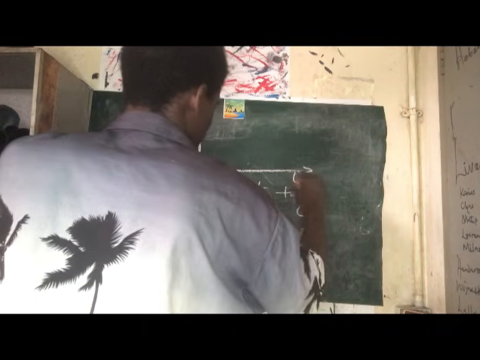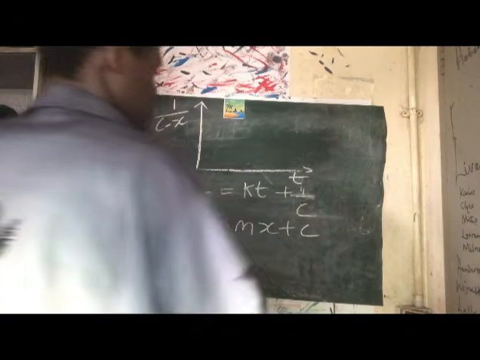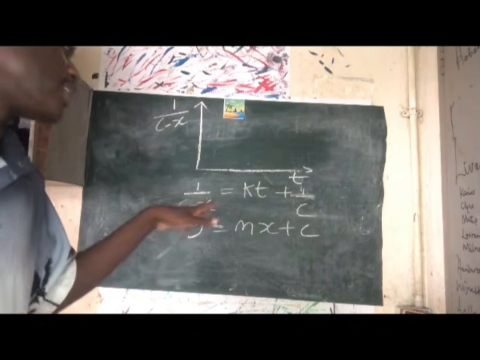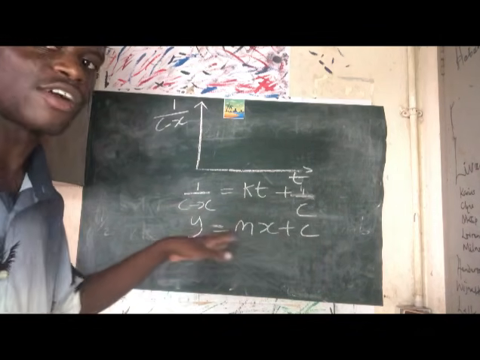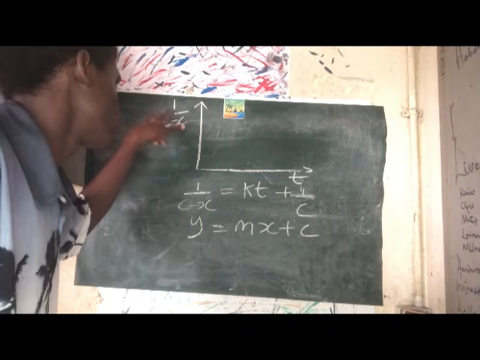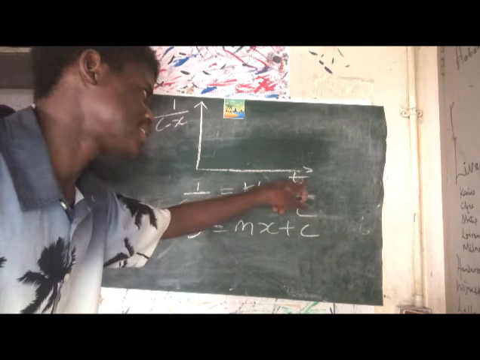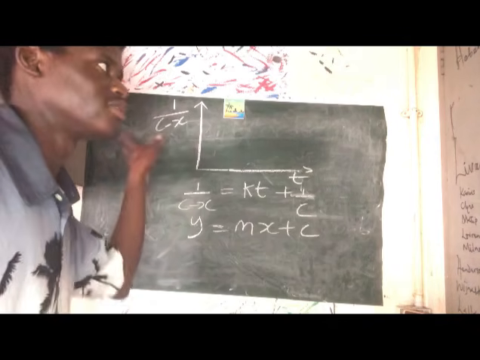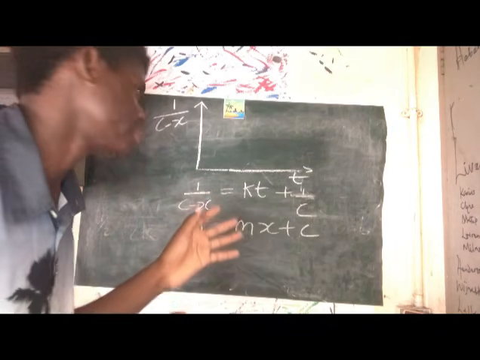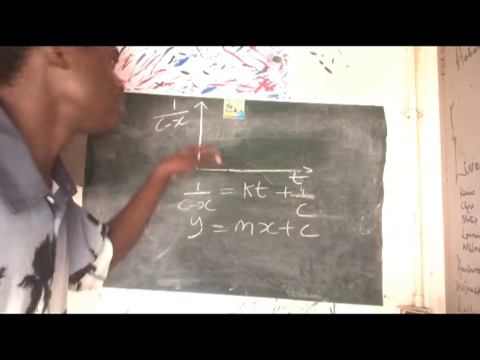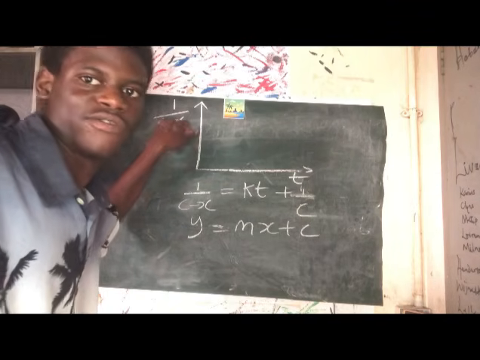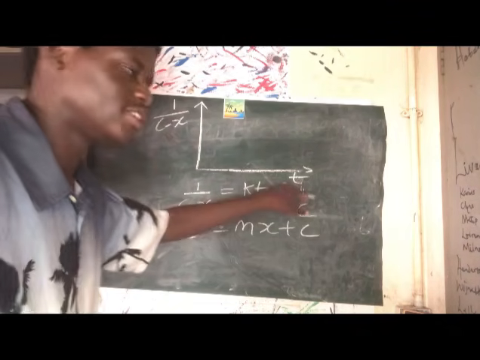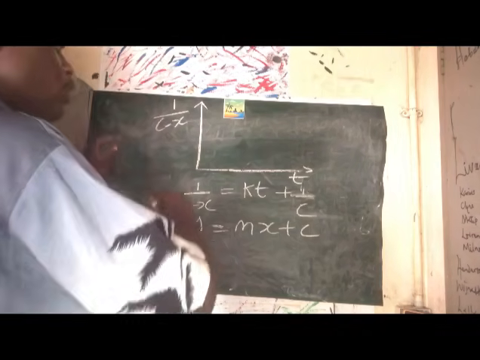So we are going to get a straight line graph when we plot 1 over c minus x against time. They can say it in a verbal form, like just plotting the inverse of the final concentration against time. So we are going to get a straight line graph.